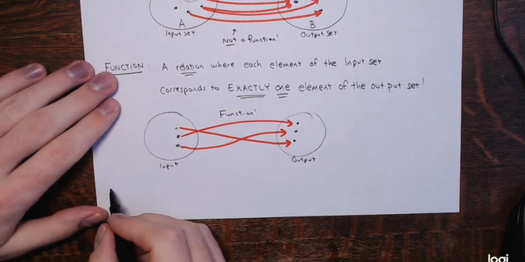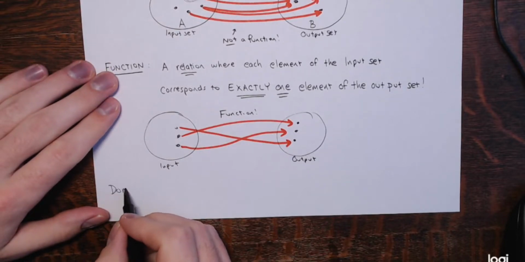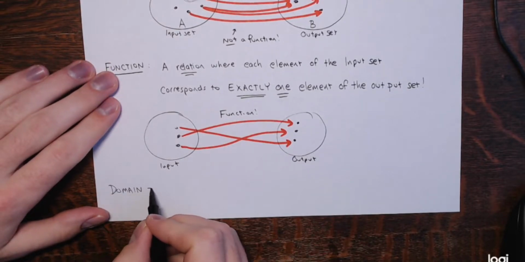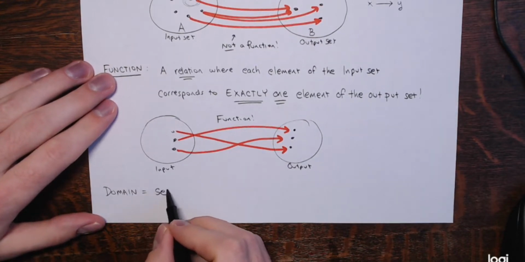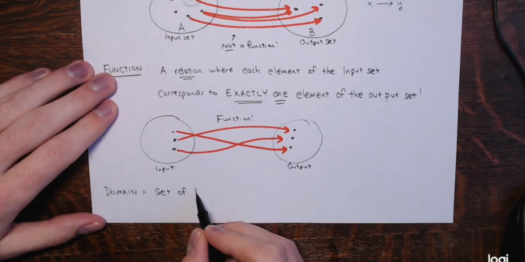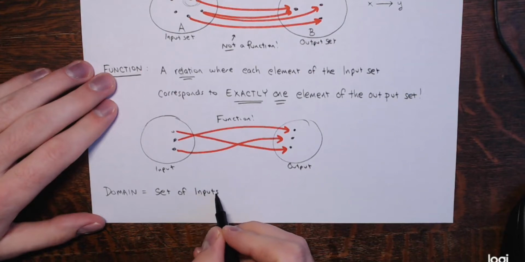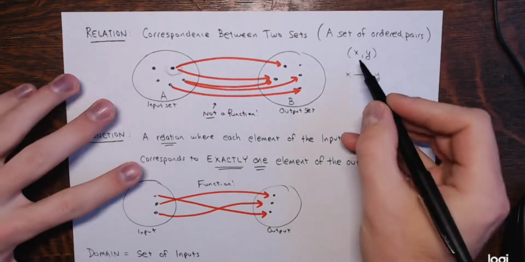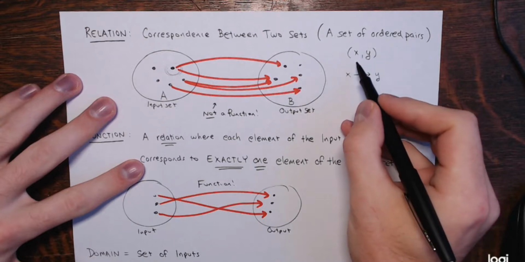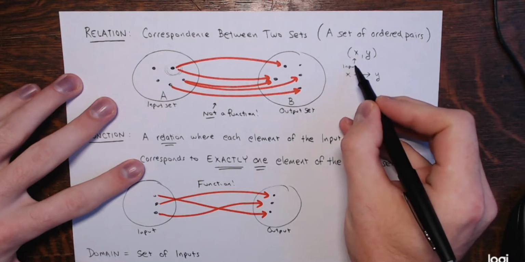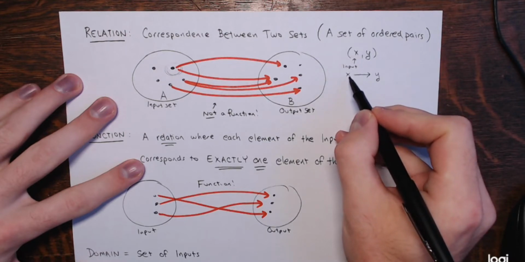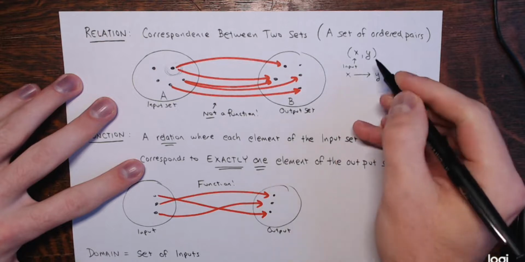So the domain of a relation, alright, the domain is the set of inputs, which in an ordered pair, that first value in an ordered pair, the first coordinate, is the input value, right? It's coming from the input set, coming from the domain.